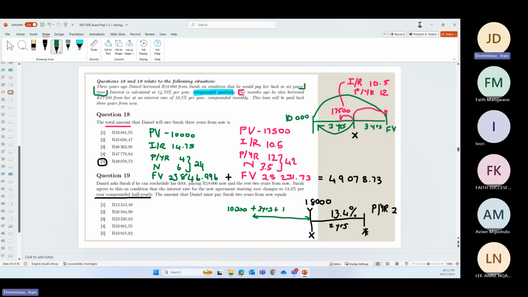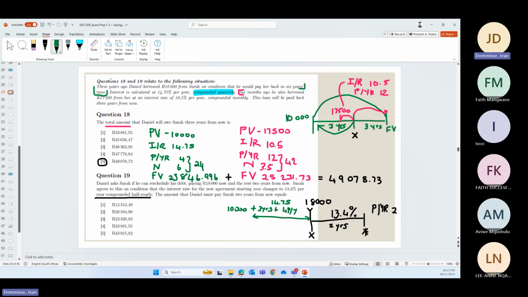So I'm just putting that, and we will work it out exactly the same terms as previous. So the 4 times per year. And we will work it out with that interest rate of 14.75. So we're going to rework that with just the years that have changed, so that we can get a future value here at x.